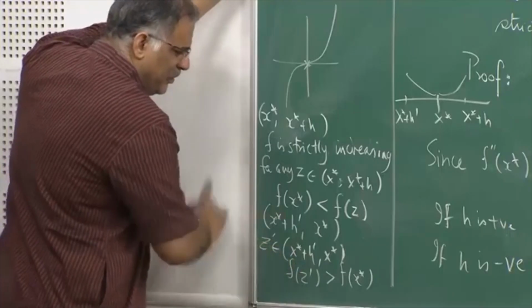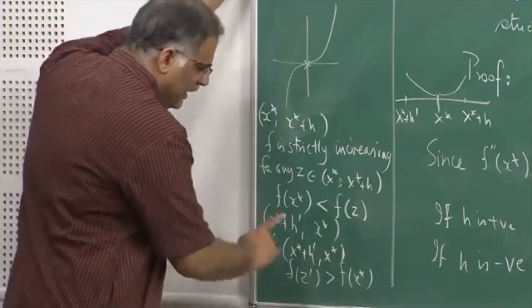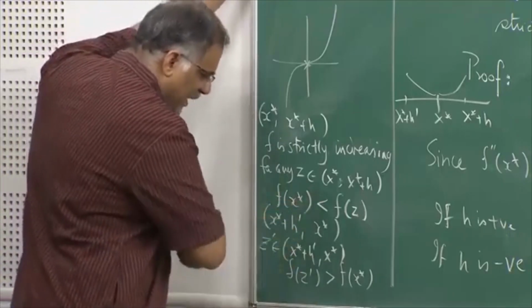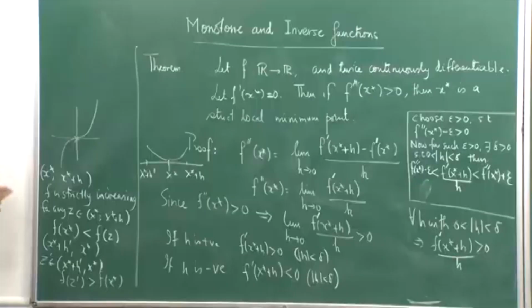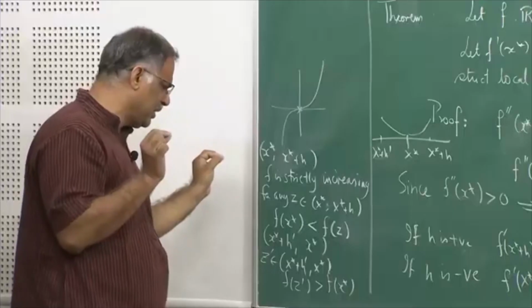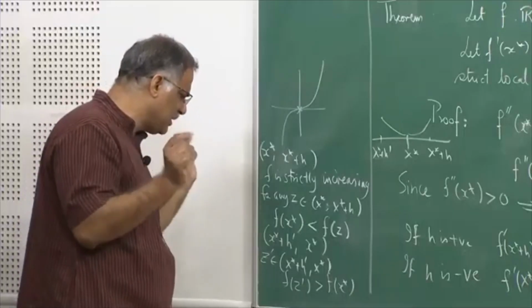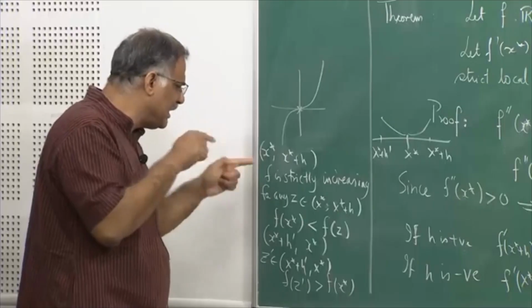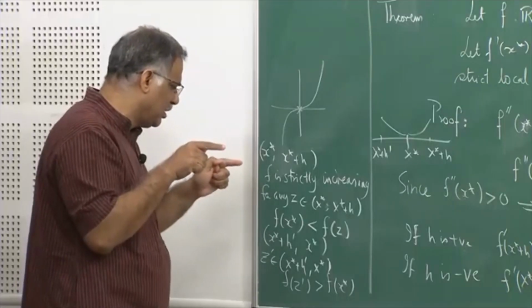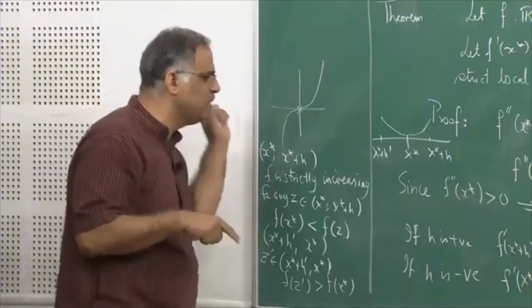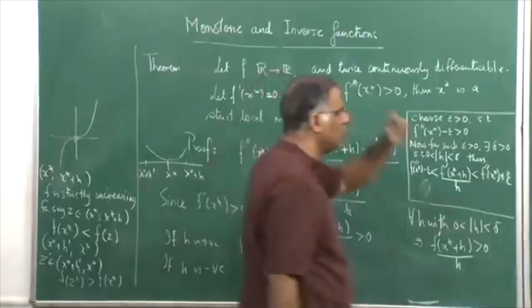So, for any z dash or z in the interval x star plus h and x star minus h, whatever z I take, it does not matter. If it is not equal to x star, the functional value is strictly bigger, and hence it is a strict local minimizer.